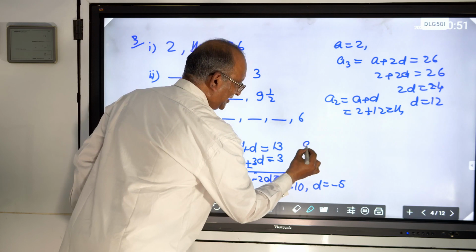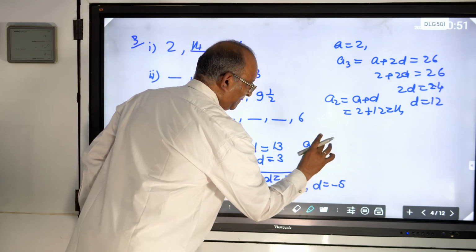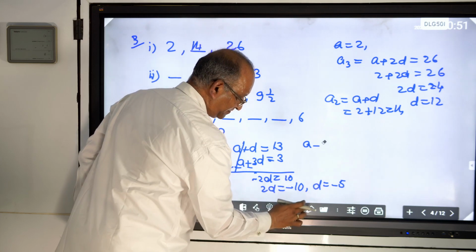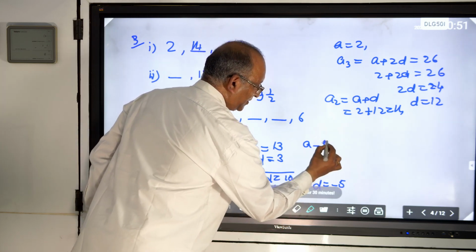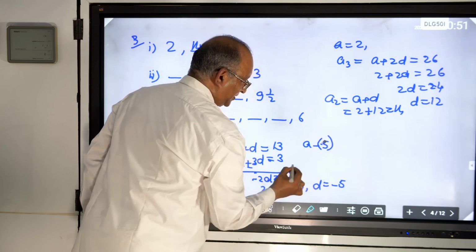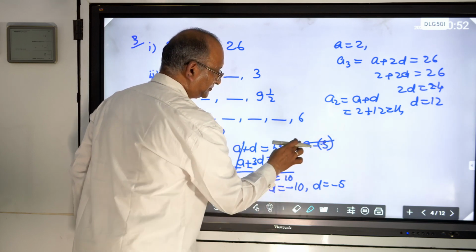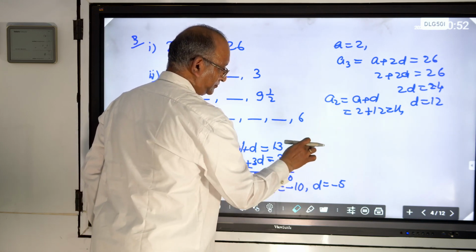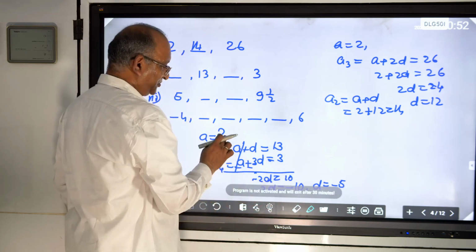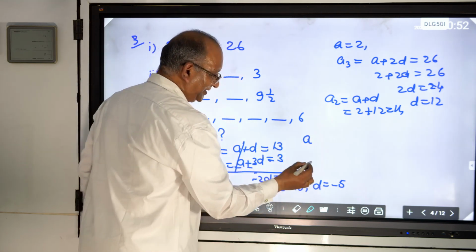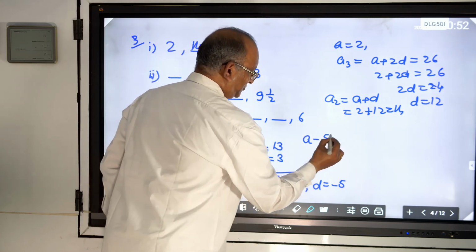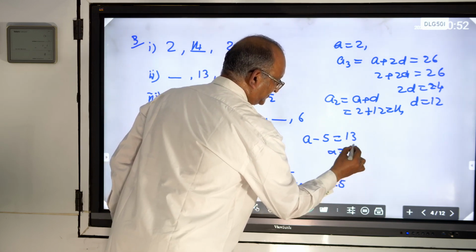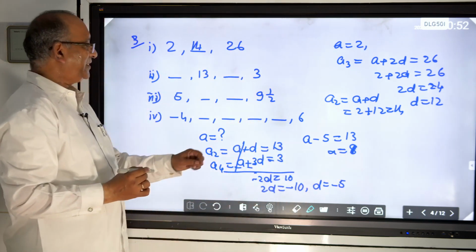Substitute d, you will get a minus 5 equal to 13. So this gives you a equal to 18.